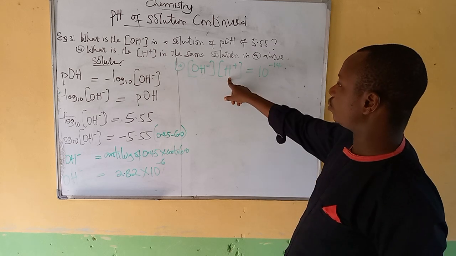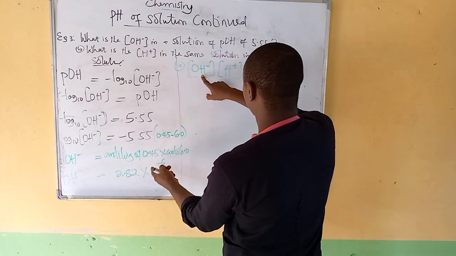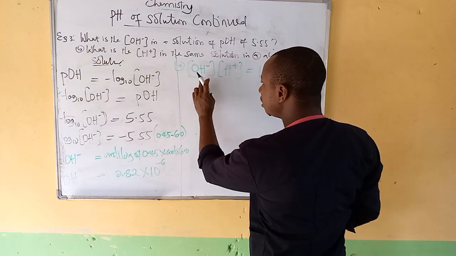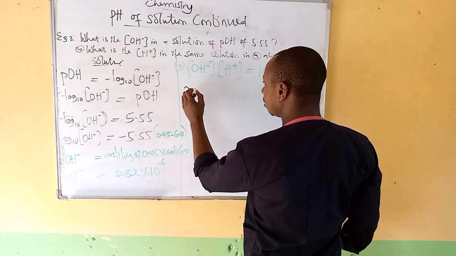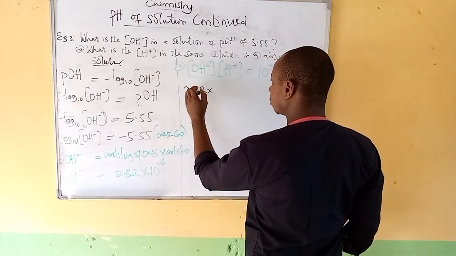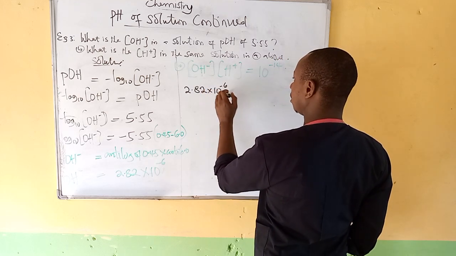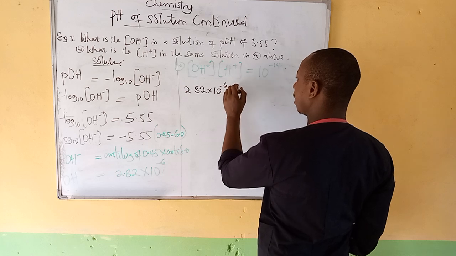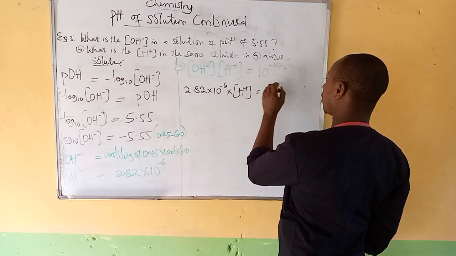Remember, they asked us to find this one. We have gotten this one to be this. So substituting for this, 2.82 times 10 raised to the power minus 6 multiplied by the concentration of the hydrogen ion equals 10 raised to the power minus 14.